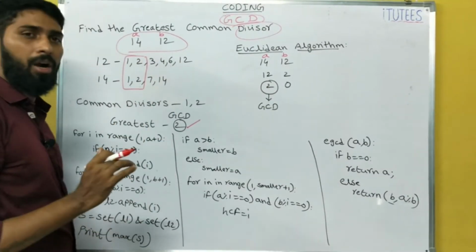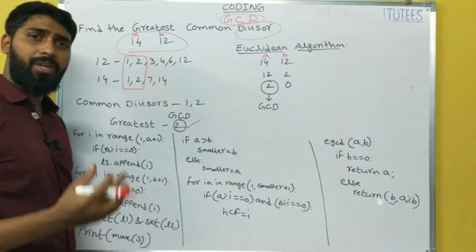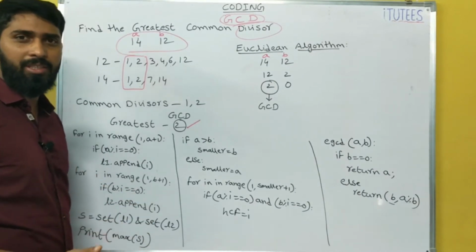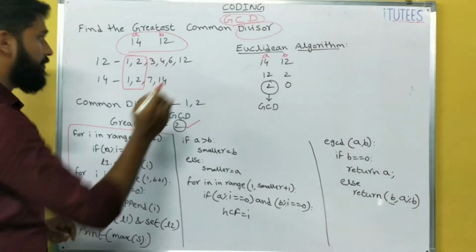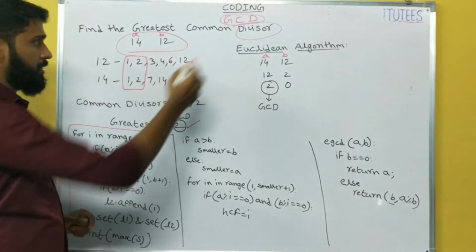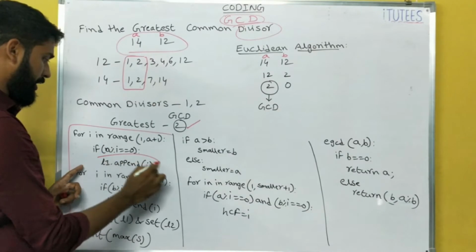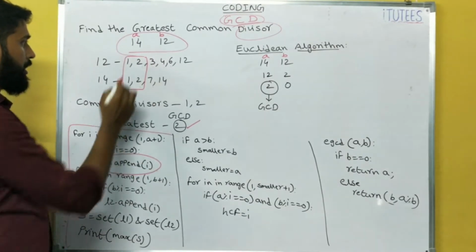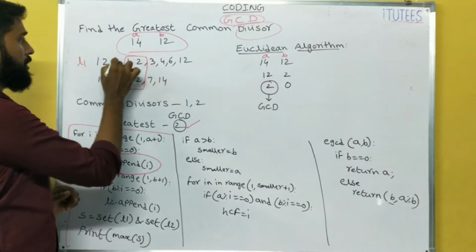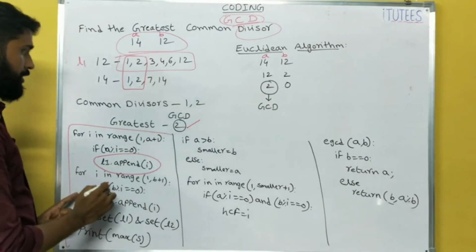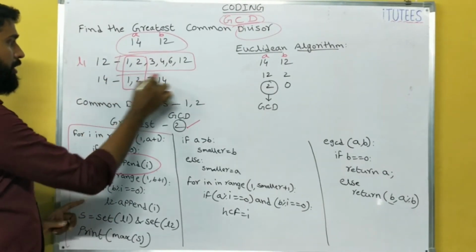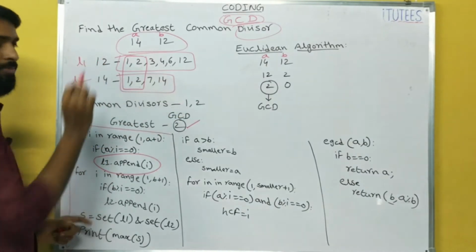Now we can see how to solve this problem. We can find the GCD in many ways. This first one is similar to the definition: common divisors. First I find all the divisors of 12 and store them in L1. Same way, I store all the divisors of 14 in L2.